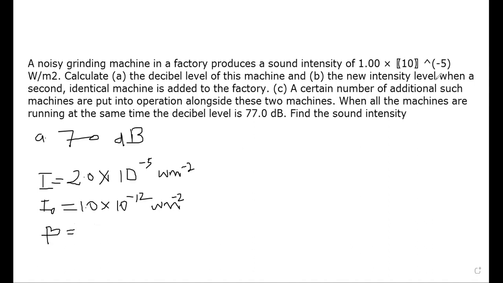Now an identical machine that functions the same way has been brought, so this one is multiplied by 2. So here we would have beta equals 10 log I over I naught.